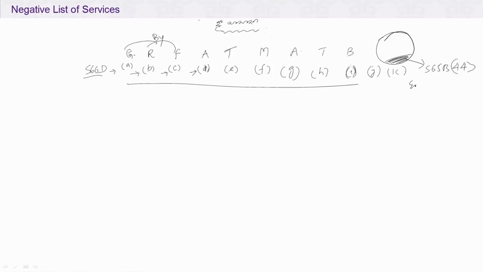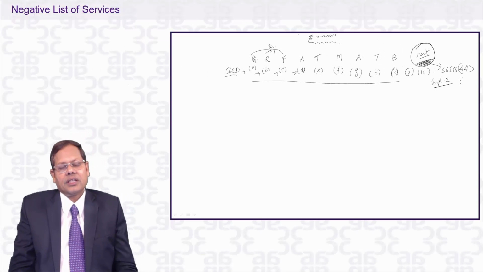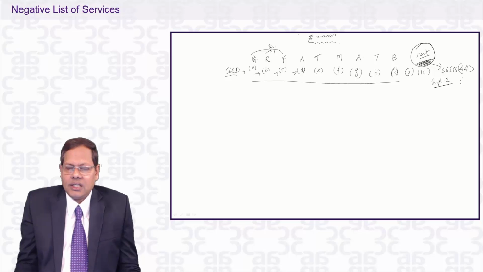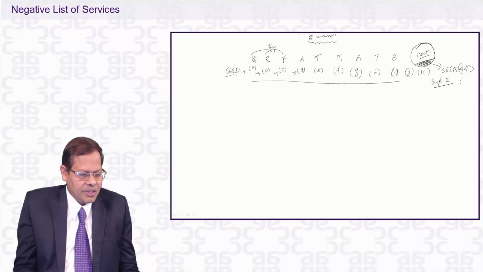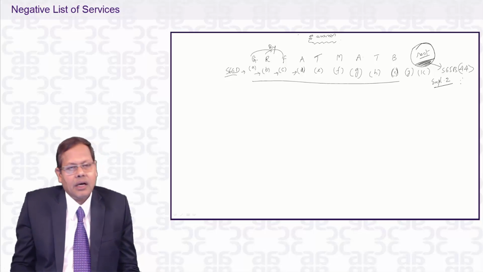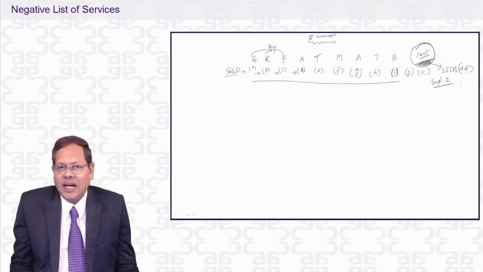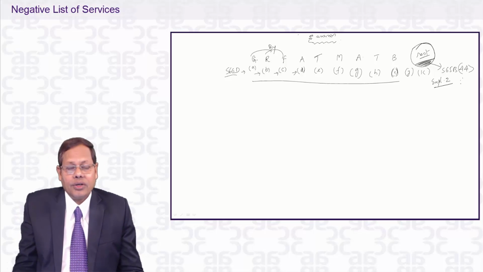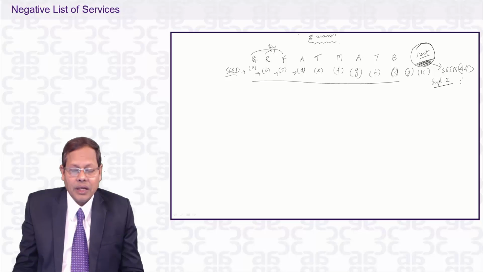Look at explanation 2. As per explanation 2, this is a service. Leaving this, the rest is under the negative list. To that extent, they have also added some two lines. Betting, gambling or lottery under 66D(i).